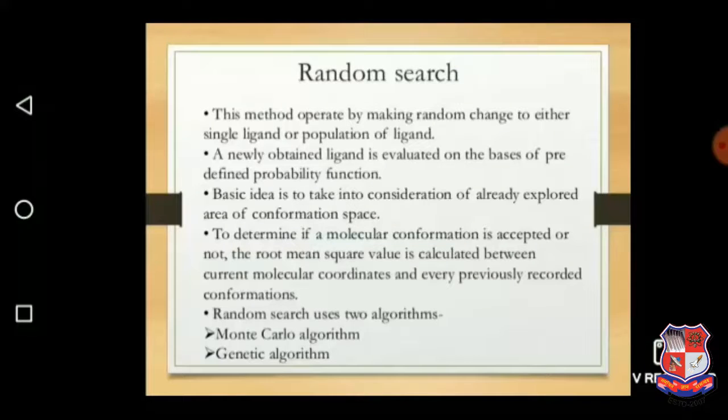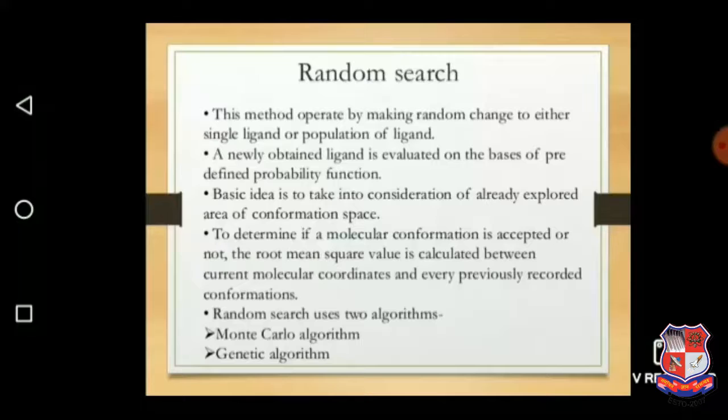Random search. This method operates by making random changes to either a single ligand or a population of ligands. A newly obtained ligand is evaluated on the basis of predefined probability functions. So here the probability function is used to define the random search.